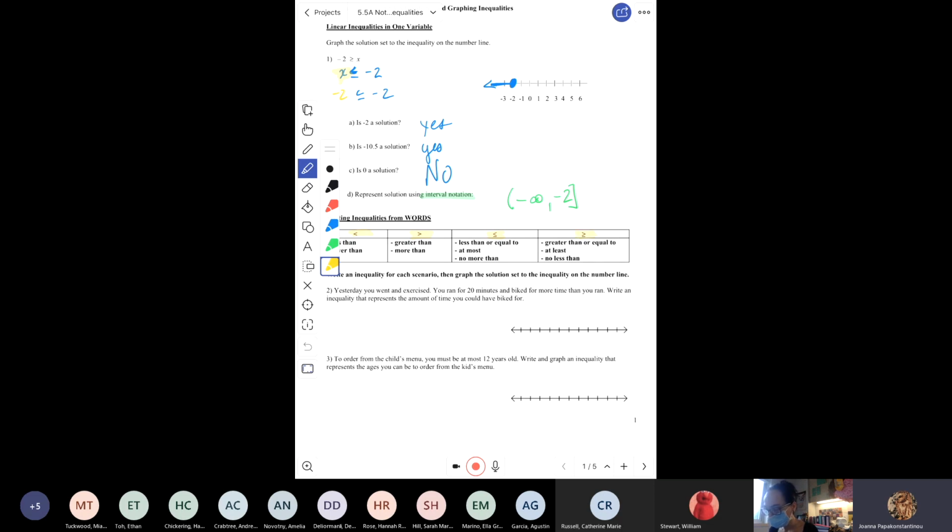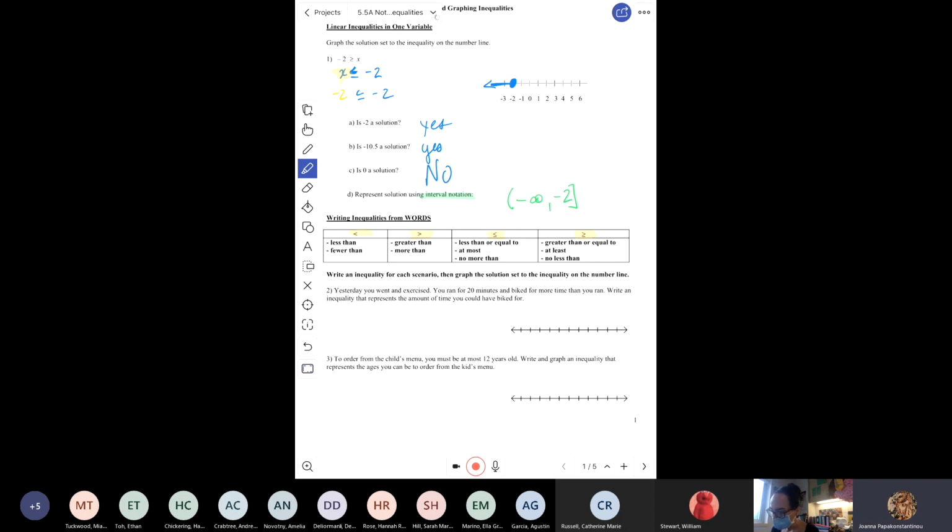So let's say you've been given the following words and you're asked to represent each scenario using an inequality and then graph the solution set in the numbers represented on the number line. So yesterday you went and exercised.